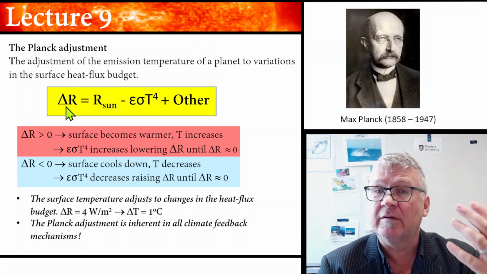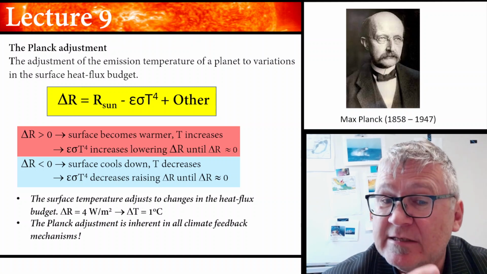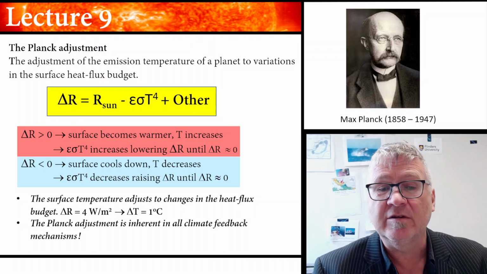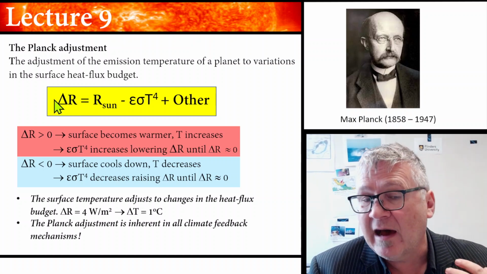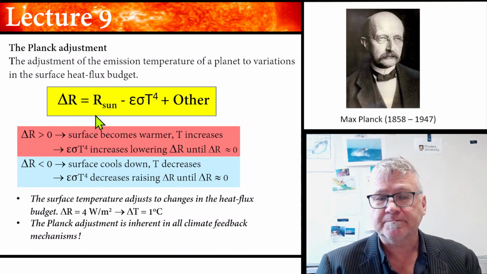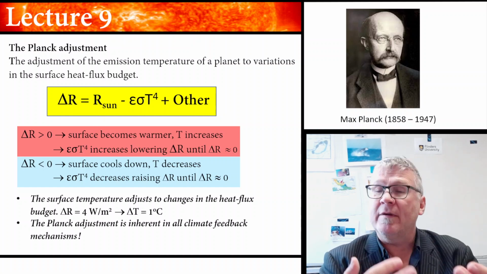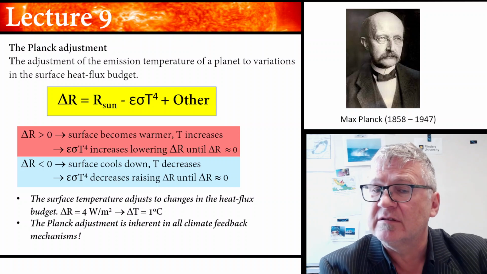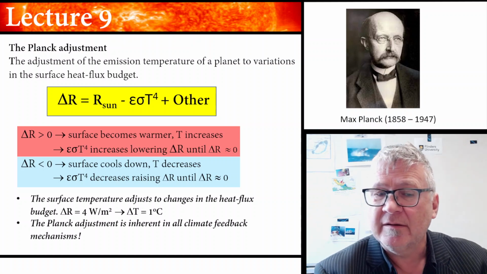In this formula here, the term without the minus increases, which lowers the delta R. Okay, and you can anticipate that this continues until delta R approaches 0, and then you have a balance again. So you have a disturbance, and then the temperature adjusts so that you get a balance again.